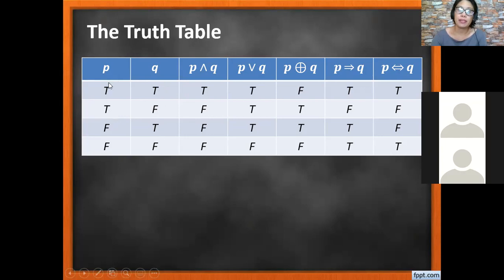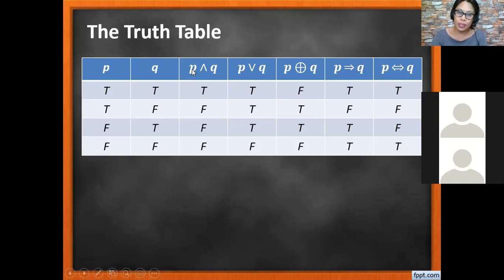Okay? So, for instance, if we combine P and Q by the connective conjunction and, this caret symbol is the notation for the connective and.